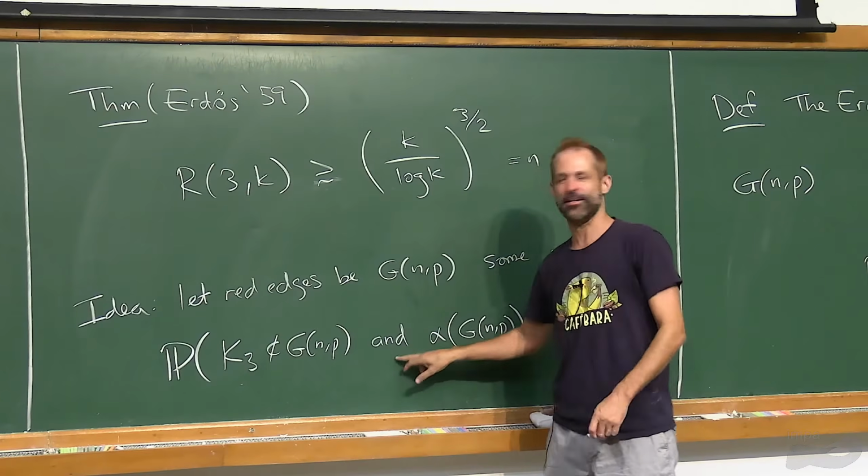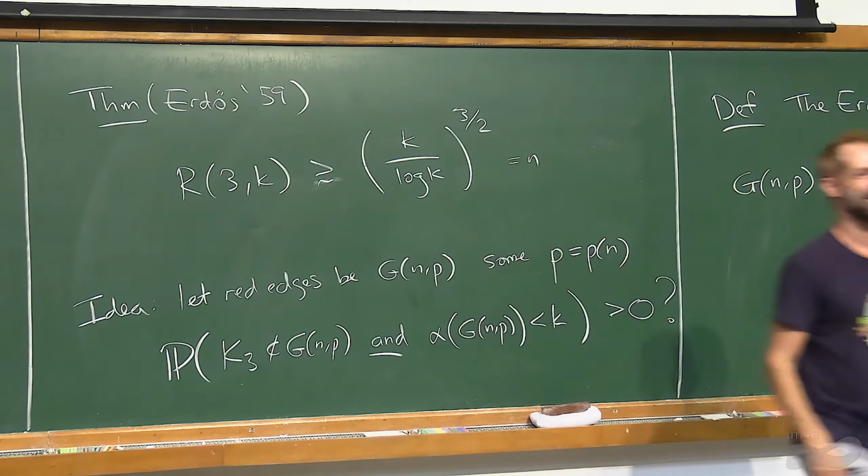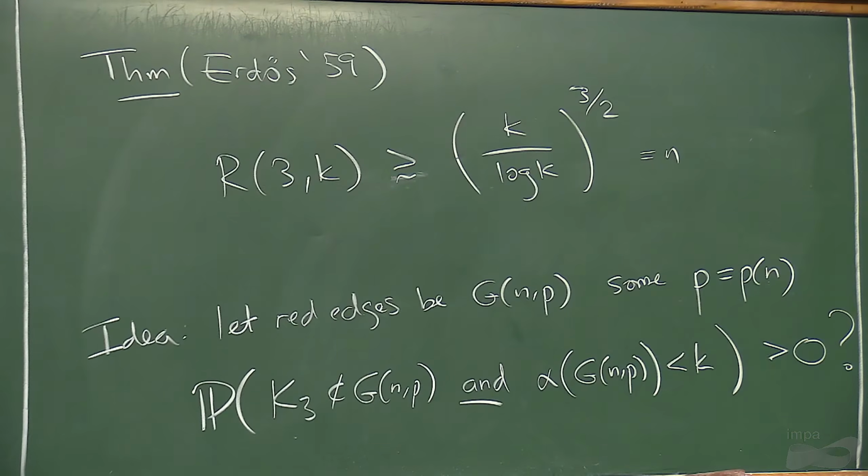So I don't like this "and." This "and" is scary. We have two events, each one is already a little bit scary. Intersect them, it gets very scary. So let's try to separate them.